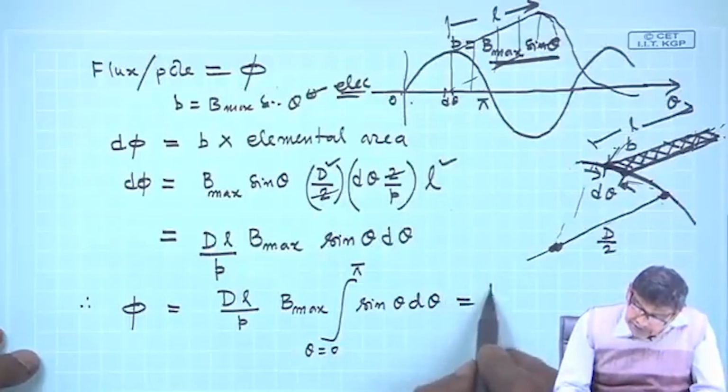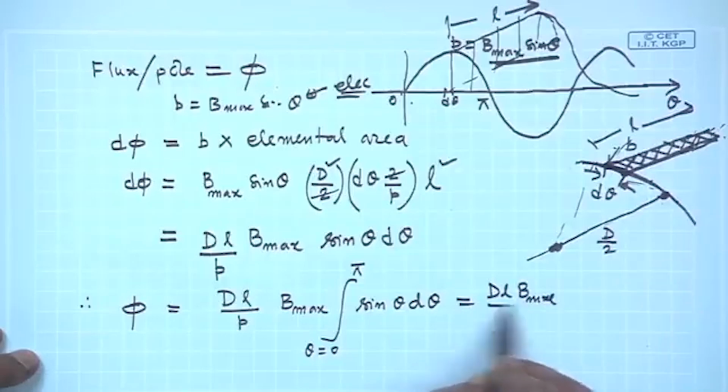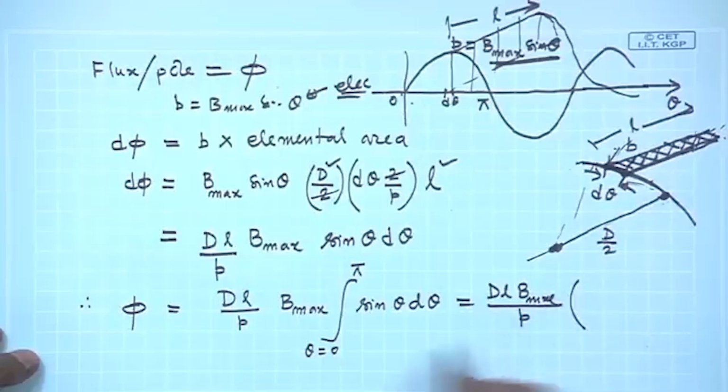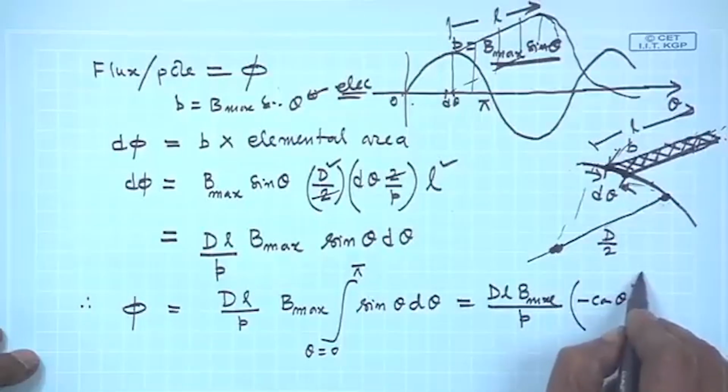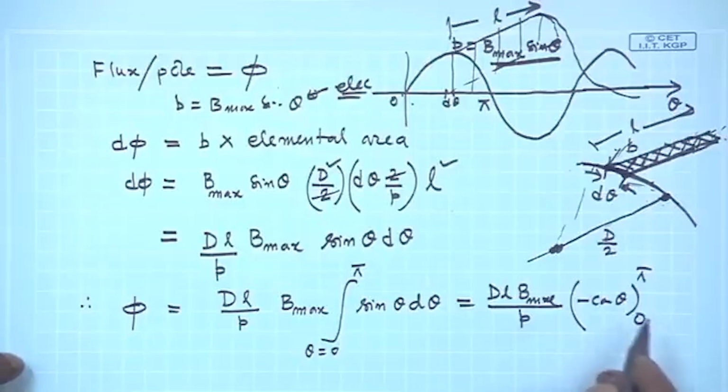And this integration is of course very simple, D L B max by P, and the integration is minus cos theta from pi to 0. So, it will be 1 plus 1. So, 2 is this integral value.